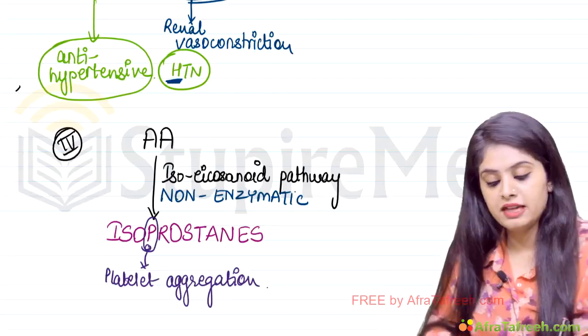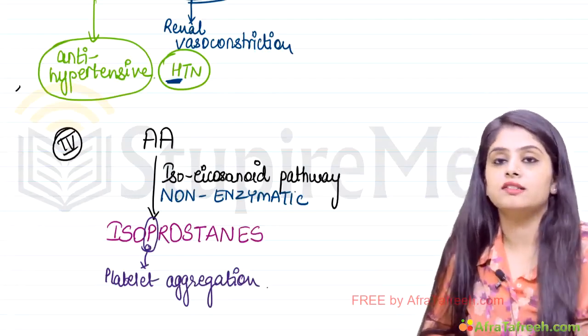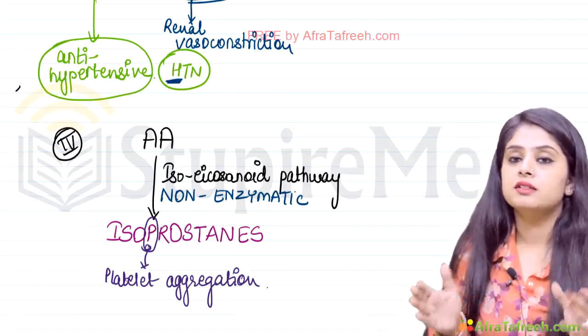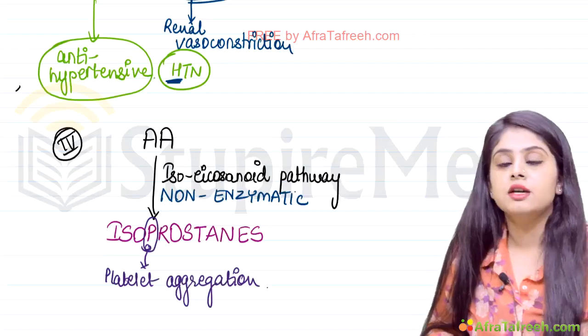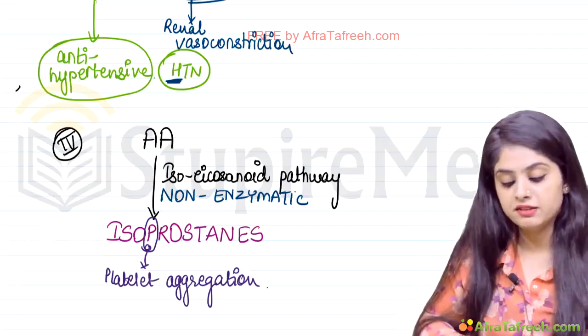So if we get back to our list, this was all about the arachidonic acid metabolites. All throughout, we have also discussed their pharmacological roles. But what if you wanted to stop the process at the very first stage?